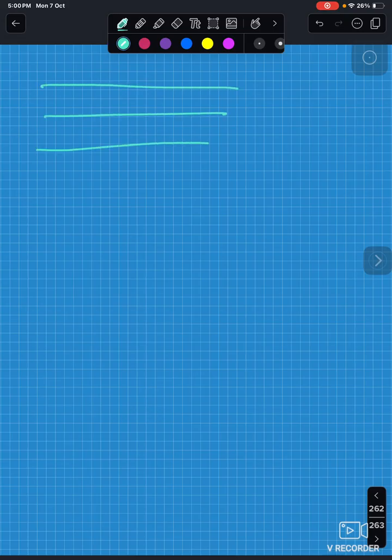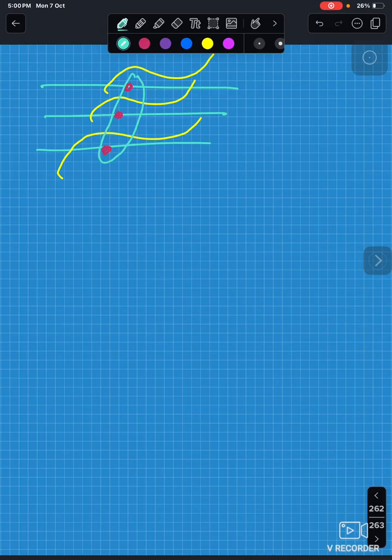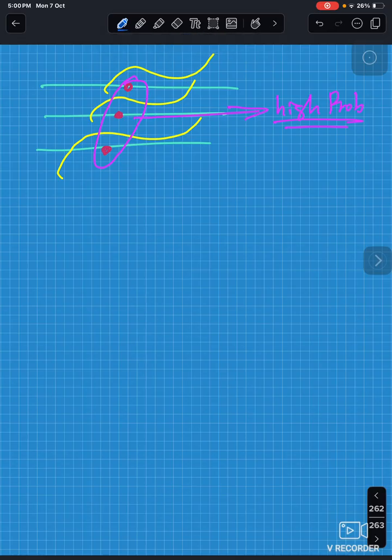So here is the wave function, and electrons are here. We know that electrons have a high probability of being here, here, and here. This just gives us the probability of the electron being here, but it will not necessarily be here.